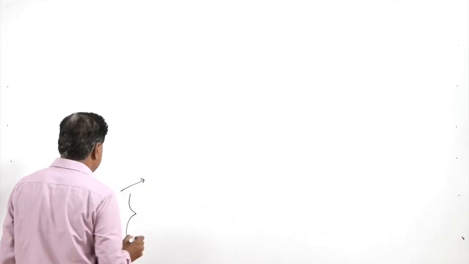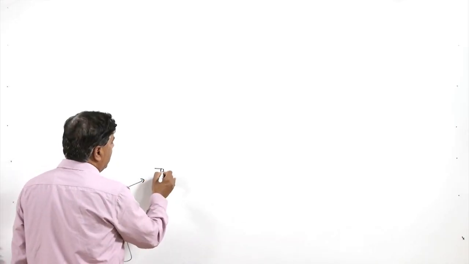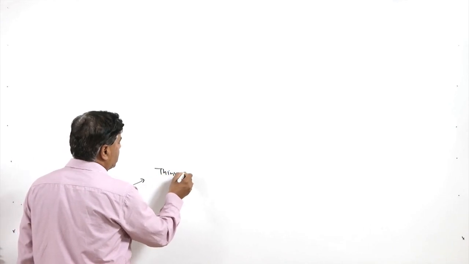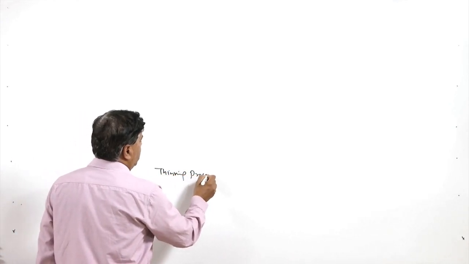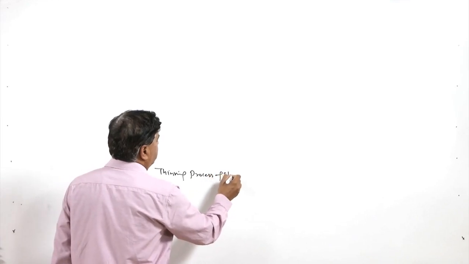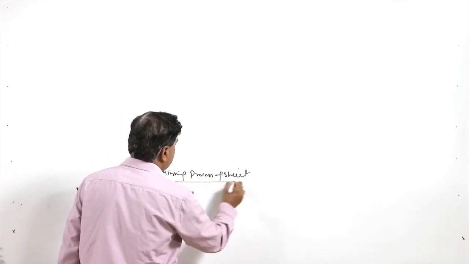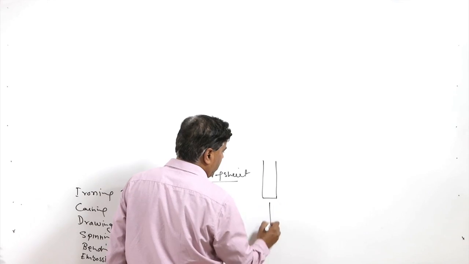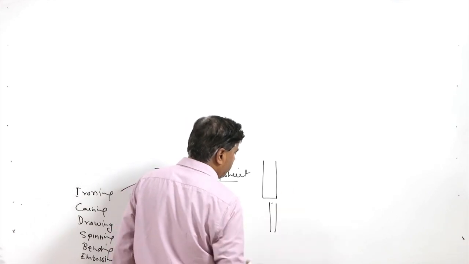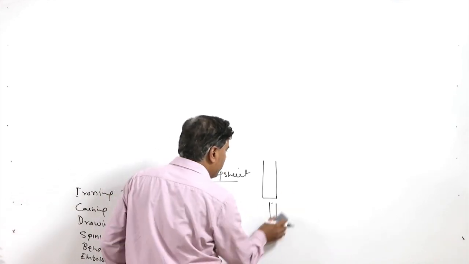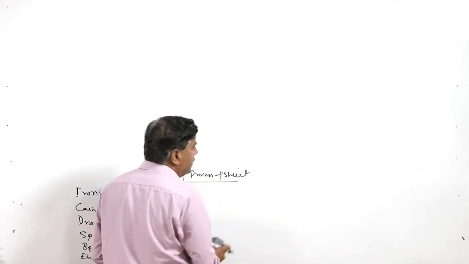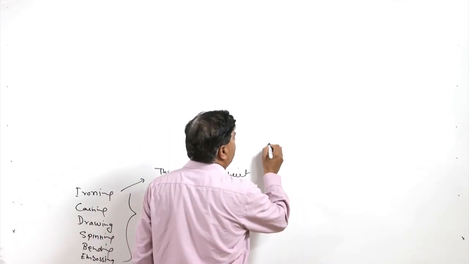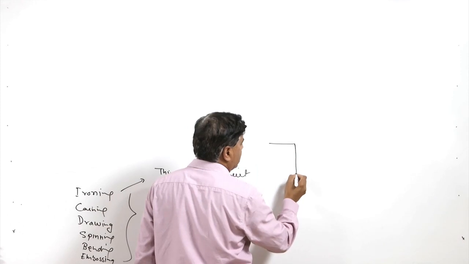Another process is ironing. Basically, ironing is a thinning process of the sheet metal, wherein the thickness of the wall of the sheet metal is brought down through the ironing process. It also uses one die like this.